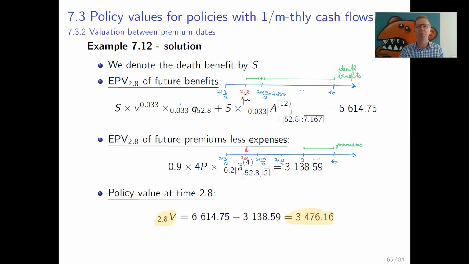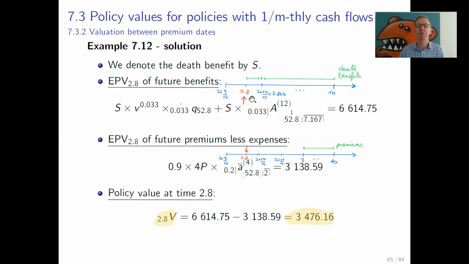In order to be able to express it with the formula, with the notations that we have seen, we have to split now our future death benefit payments in the time between time 2.8 and time 2 plus 10 over 12, or that's 2.833. So we will calculate the actuarial value of the benefits paid in that period, plus then the actuarial value of the benefits in the remaining part.